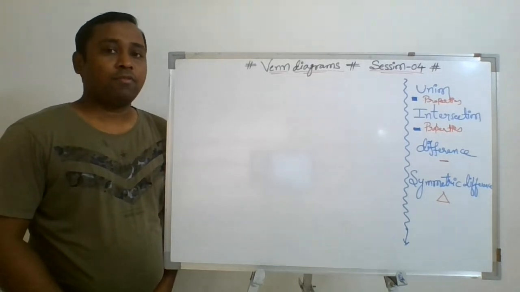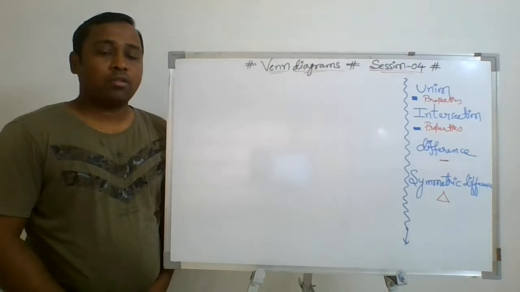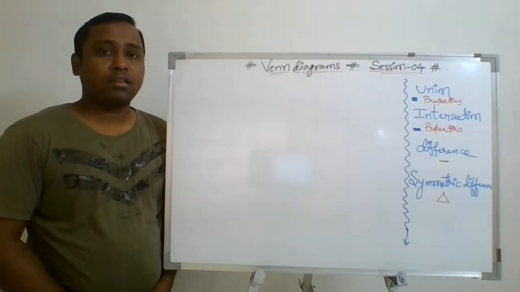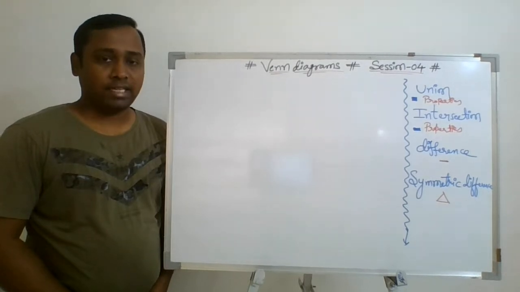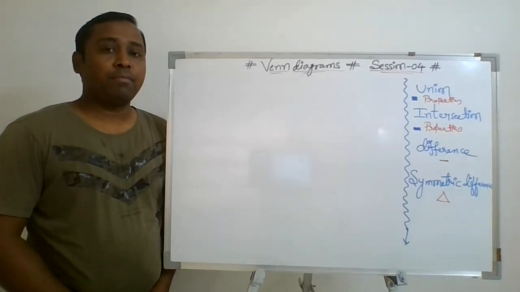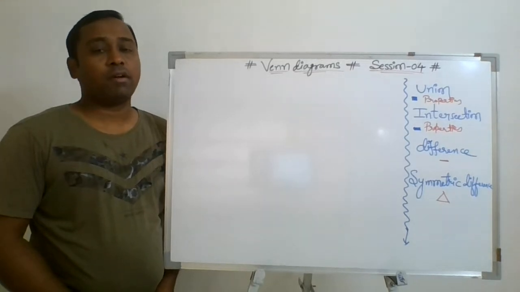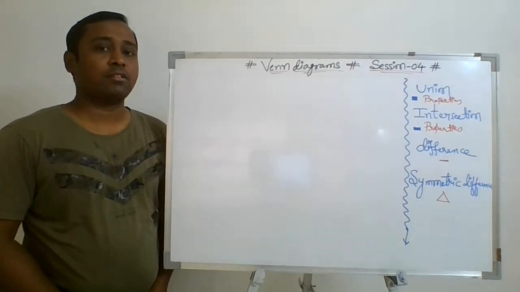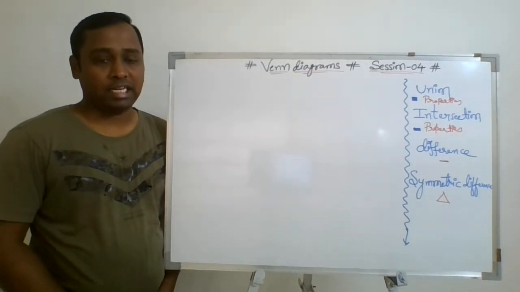In a similar way, we have addition, subtraction, and difference, that is plus, minus, and complement operations based on sets, which can be simply understood by these diagrams developed by John Venn. That's why these diagrams are named after his name, Venn diagrams.